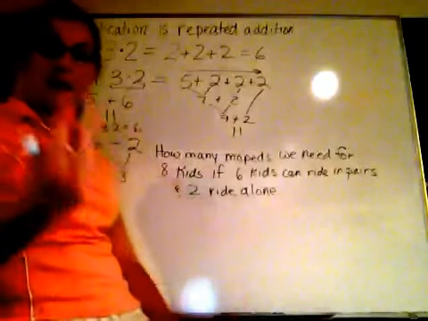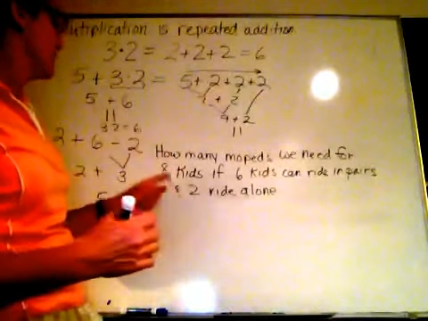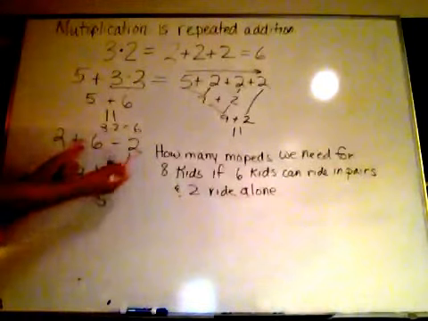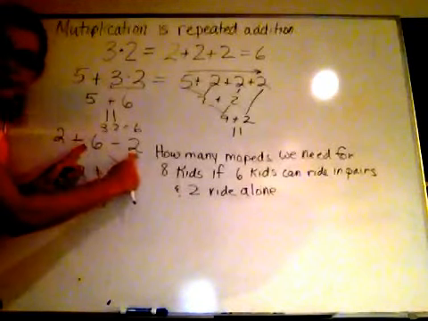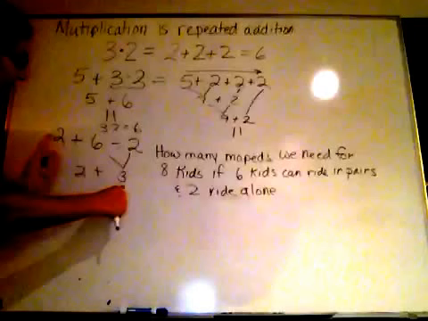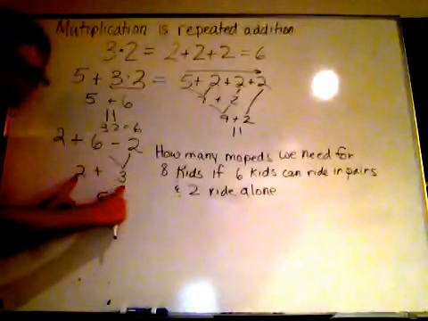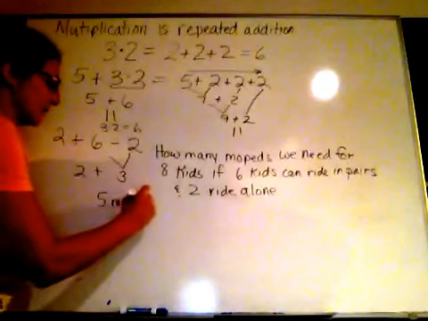So in that case, we have 2 that have to be loners, and then the other ones can ride 2 to a moped. So if we have 6 kids and we divide that by 2, we'll know how many mopeds we need for these 6 kids. So 6 divided by 2 is 3. Then we have the 2 that have to ride alone. So altogether, 2 plus 3, we need 5 mopeds.